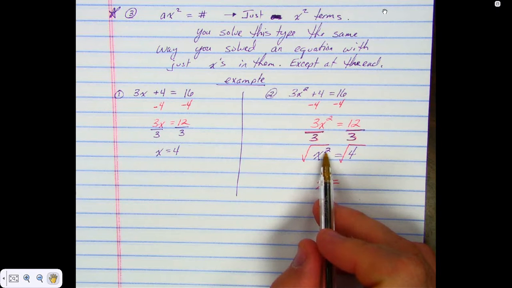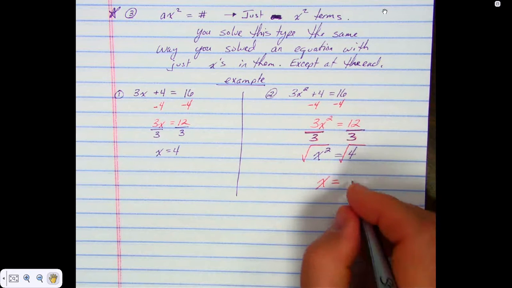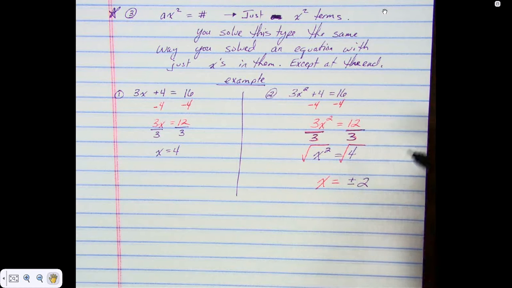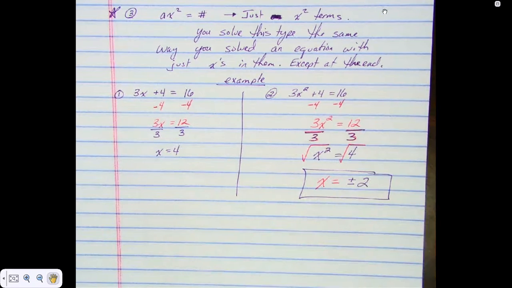There is still 2 answers. And in this case, it's positive negative 2. What number could I square and get 4 as the answer? 2. But if you think about it, negative 2 times negative 2 is also positive 4. So there are 2 answers. So when you get these answers, they're always going to be positive and negative.